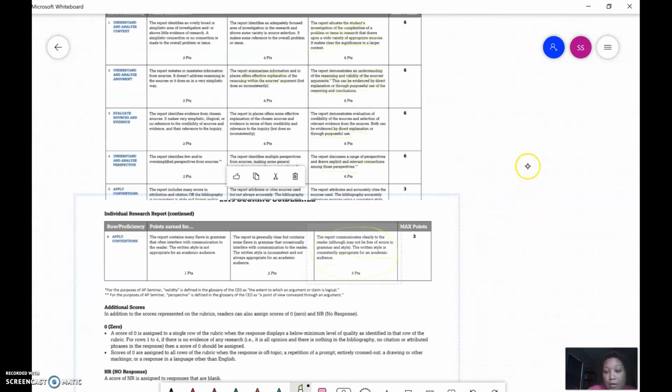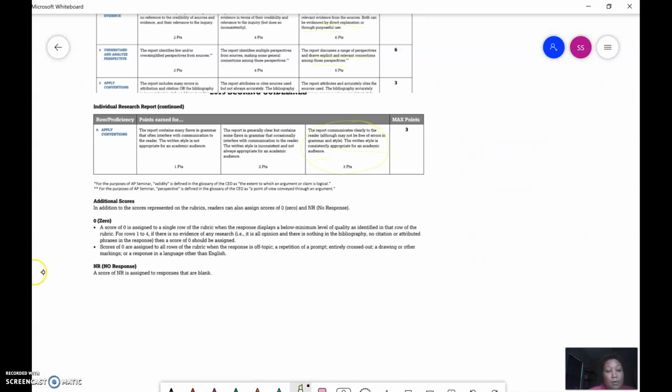All right, something you need to be aware of: a 0 can be assigned to a single row of the rubric when the response displays below minimum level quality identified in each row. For rows 1 through 4, if there is no evidence of any research, if it's all opinion, there's nothing in the bibliography, nothing in your paper that references sources, and there are no in-text citations, you can get a 0.